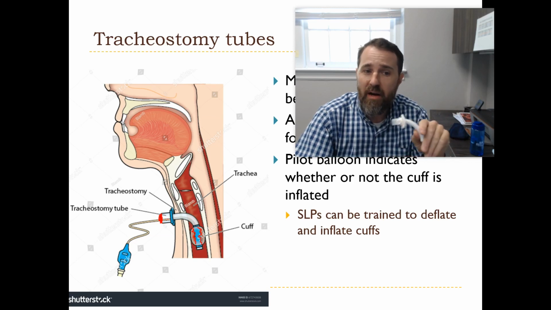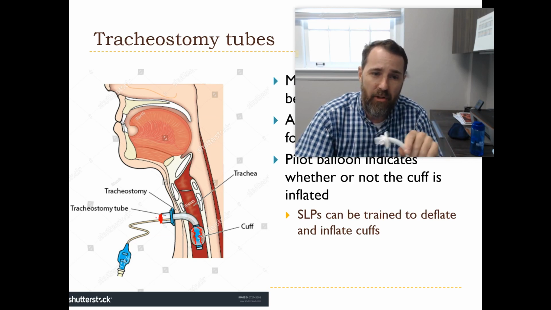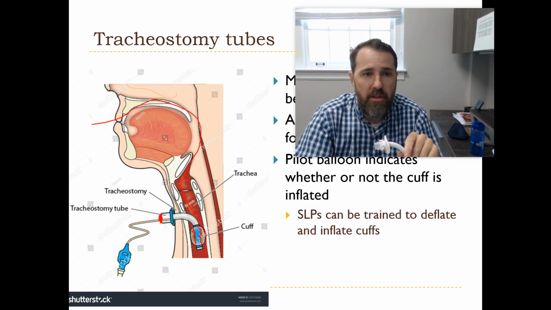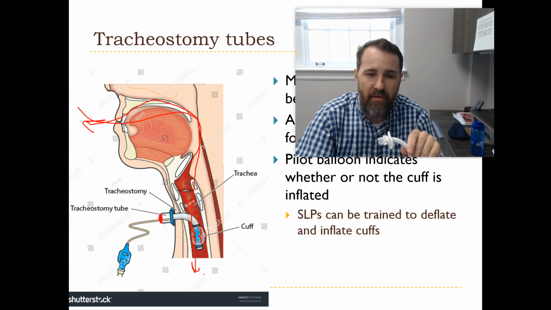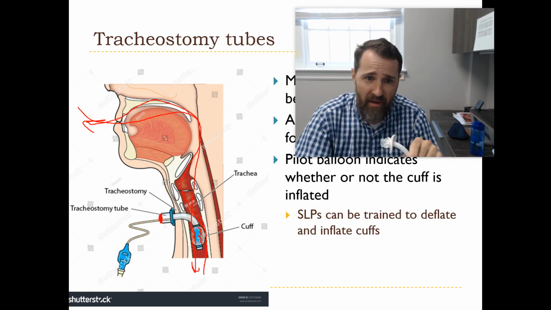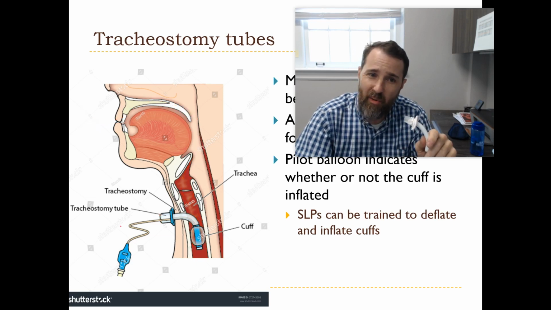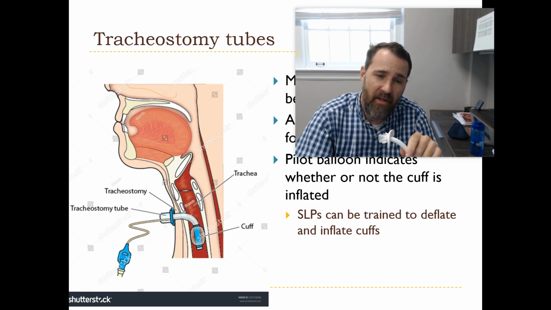Now zero air will be coming in and out of the tracheostomy tube, but you deflated the cuff. So this will allow inspiratory and expiratory air to squeak through above and below, hopefully past the deflated cuff. But no one is going to be able to breathe very well past a deflated cuff.